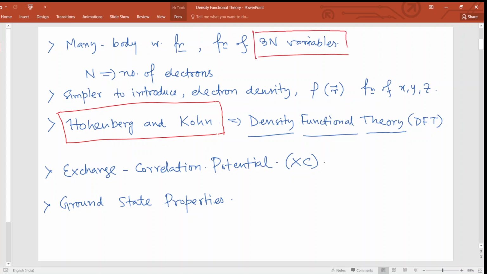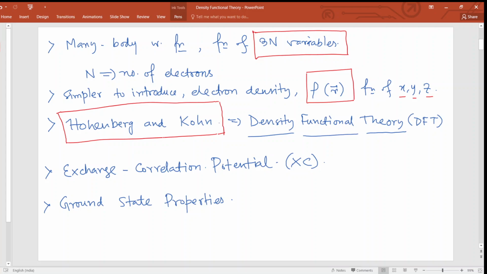Now, in simple terms, it is difficult. We can, in principle, write down 3n differential equations for individual electrons, but that is physically impossible. So here, instead of the wave function, there is another quantity which is introduced. This is called the electron density, denoted by rho, which is a function of r, and r is nothing other than x, y, and z.